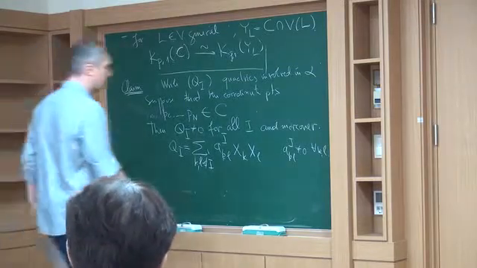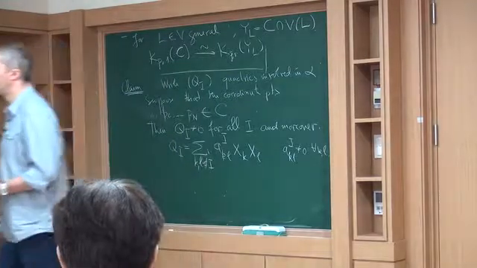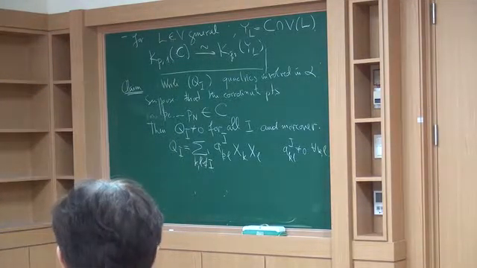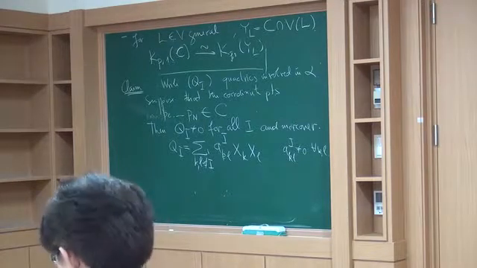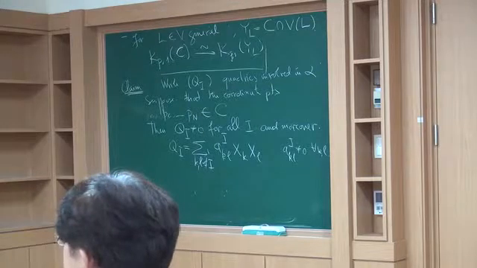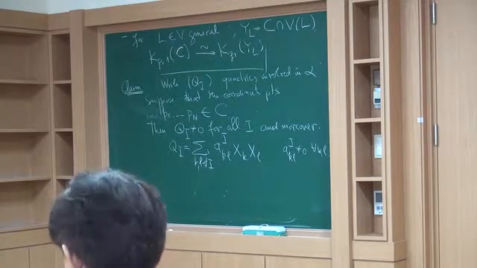So this is the claim. Let's take the claim for granted for the moment, and then prove the claim later, and see how the claim implies that the number of quadrics is at least n plus n choose 2.